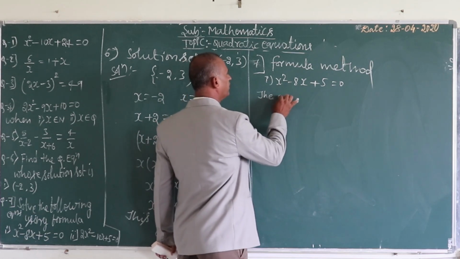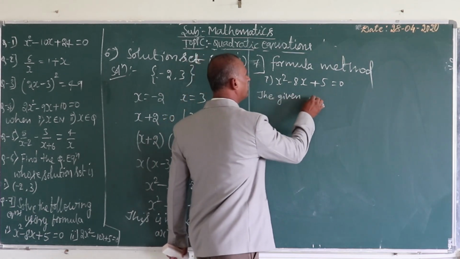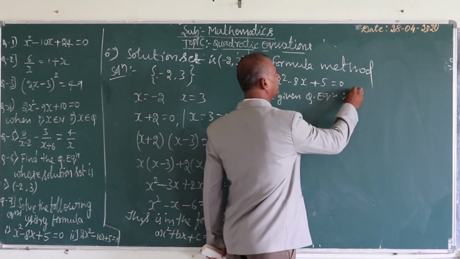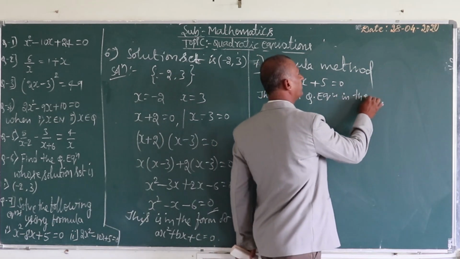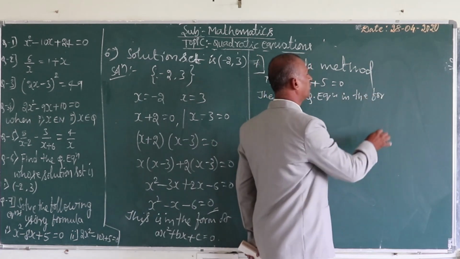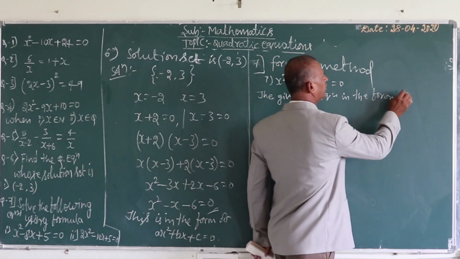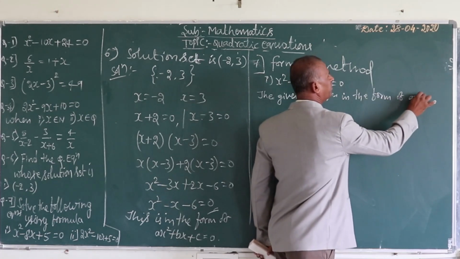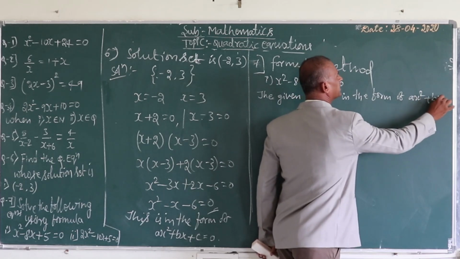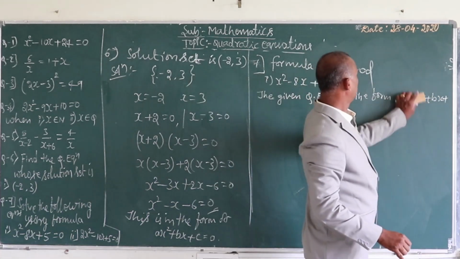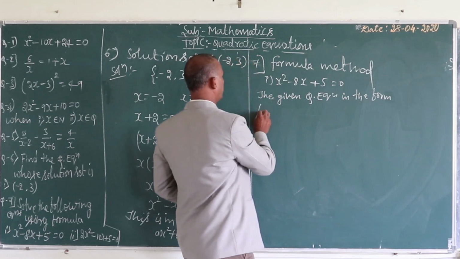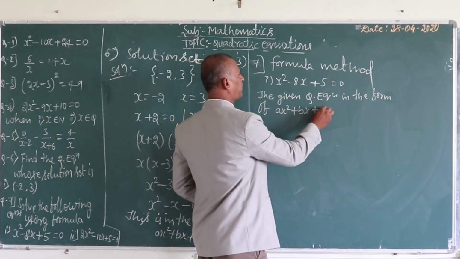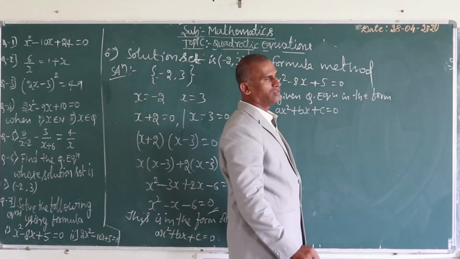Now for this we have to write the given quadratic equation in the form of ax square plus bx plus c equals 0.